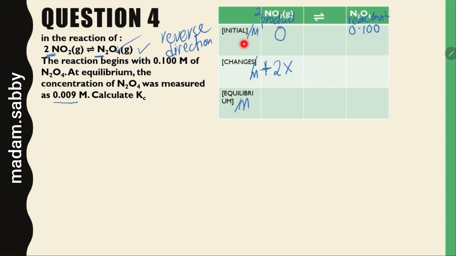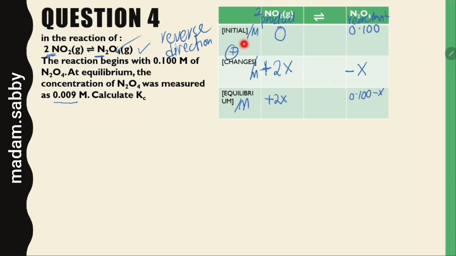N2O4 is being used up as the reactant, so it's negative, and it's 1 mole of N2O4, so negative X. At equilibrium, NO2 is positive 2X, just simply add up the initial and changes. And for N2O4 it is 0.100 minus X.